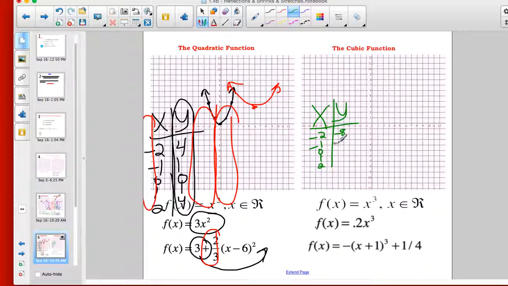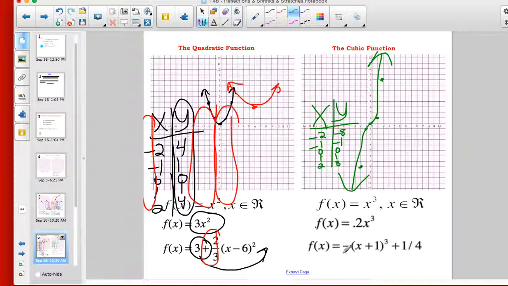Plug in -1, I get -1. 0 is still 0. 1 is 1. 2 is 8. So those are your main coordinates for the parent. So I got (-2, -8), (-1, -1), (0, 0), (1, 1), (2, 8). So just connecting the dots. All right, that's the parent function. I missed a little bit, but not a big deal.